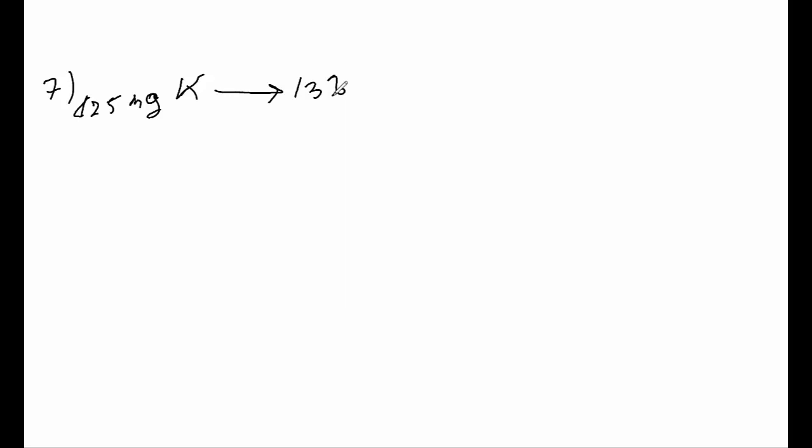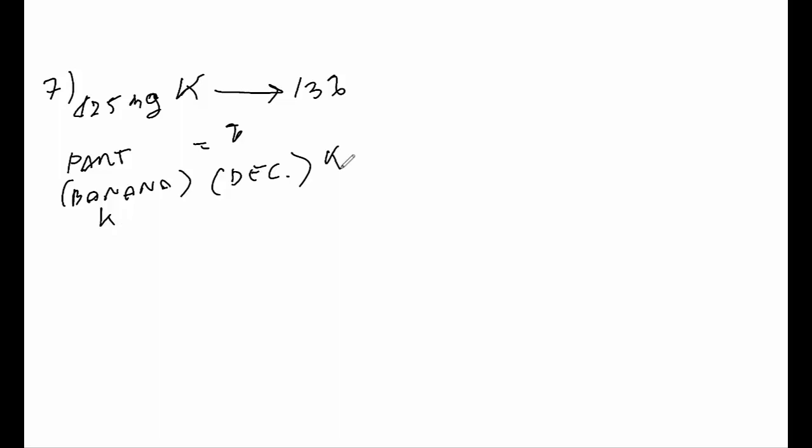So as we did before, we're going to take the part, that's our banana, and we're going to make that equal to our percent. And remember, our percent is going to be in decimal form. And we're going to find the total daily recommended amount of potassium, which I'll just call variable K.